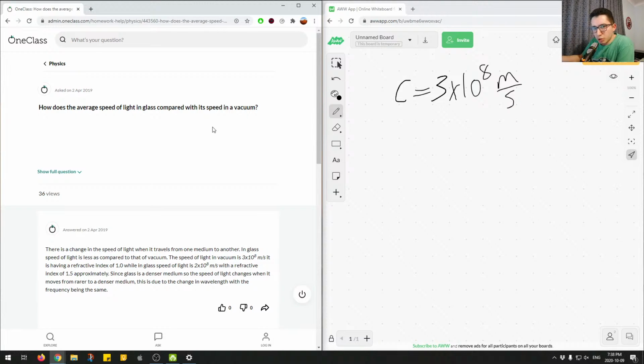So the speed of light would just be 3 times 10 to the 8 meters per second. When it's in a different medium, more specifically in a medium that's more dense, so in this scenario, glass is more dense than a vacuum, or air. So air is a little more dense than a vacuum, but glass is a lot more dense than a vacuum.